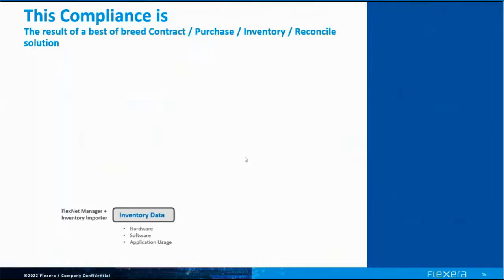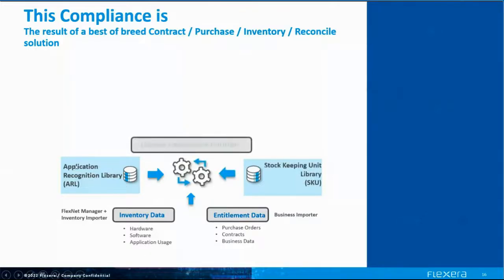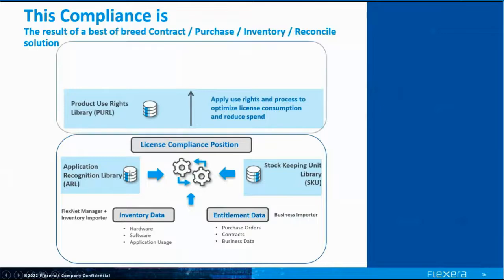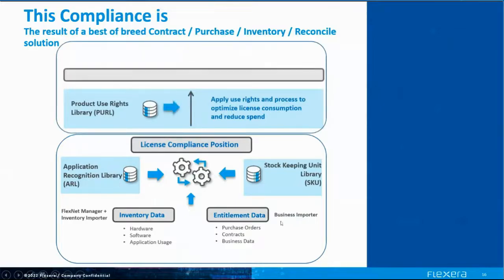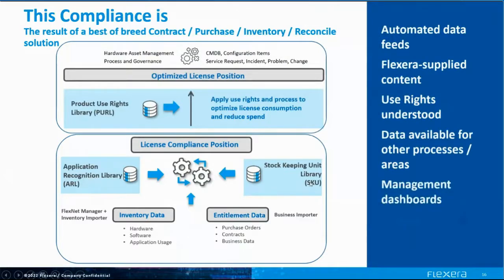And maybe another way of showing that, which is a little bit more detailed, is that we have on one side inventory data, which contains the hardware, software, and application usage. This application recognition library, which is the Technopedia engine, is normalizing the data and allowing to recognize applications. On the other side, you have procurement data, which contains sometimes, not always, but often some SKUs that allow you to recognize in a faster way what has been acquired.